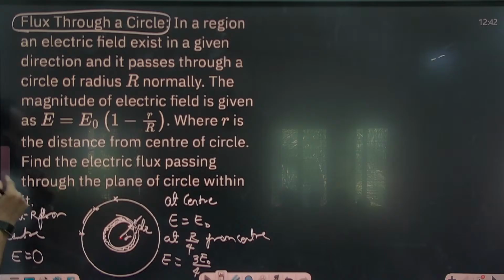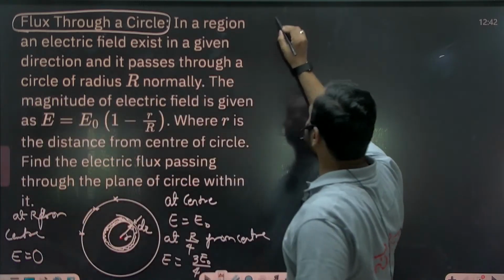Similarly, on this ring, what will be the electric field value for a small element?